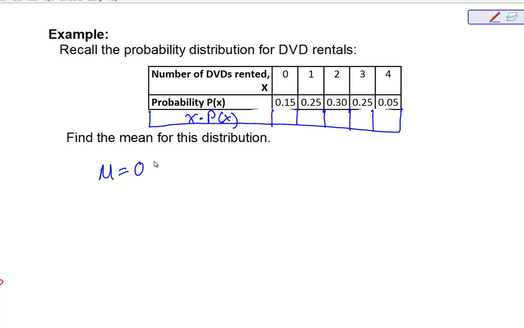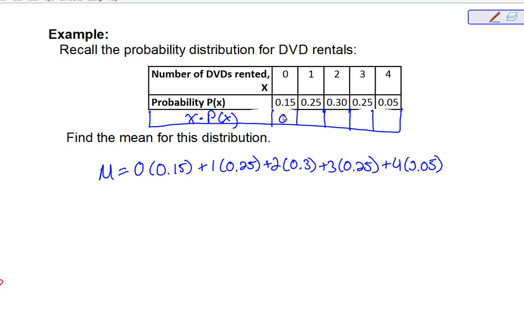Because doing the mean formula, I would take 0 times its probability plus 1 times its probability plus 2 times its probability plus 3 times its probability plus 4 times its probability.